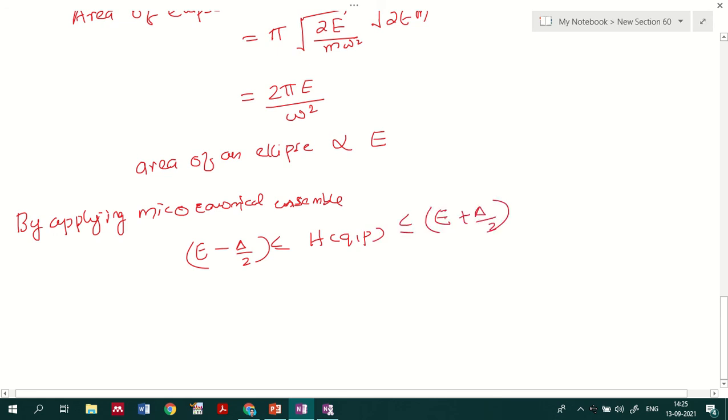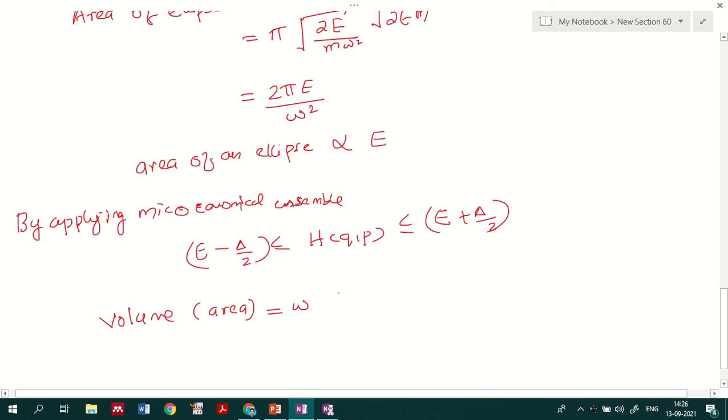And when you consider a hypershell of the ellipse, instead of taking the volume, we'll approximate that into the area. So the total volume means we are taking the area of the ellipse, that is equal to omega. Omega is the total volume of that particular energy interval.